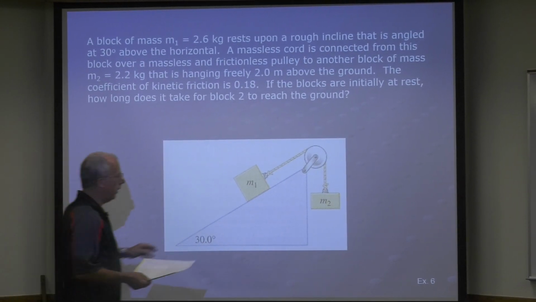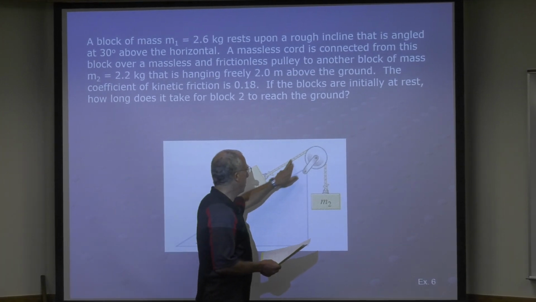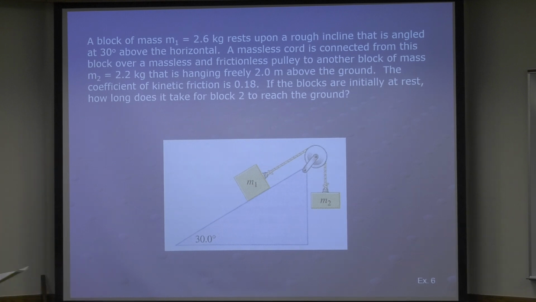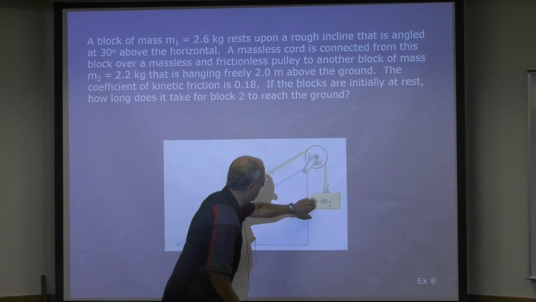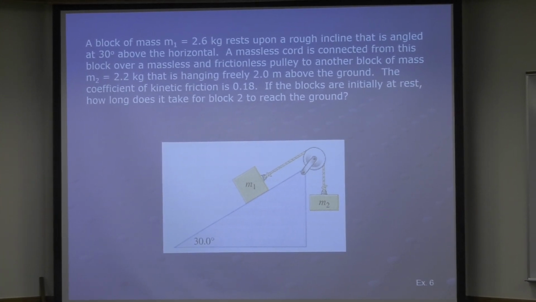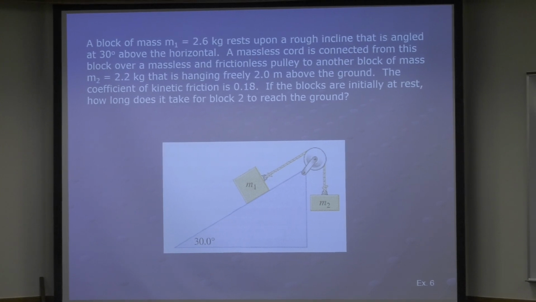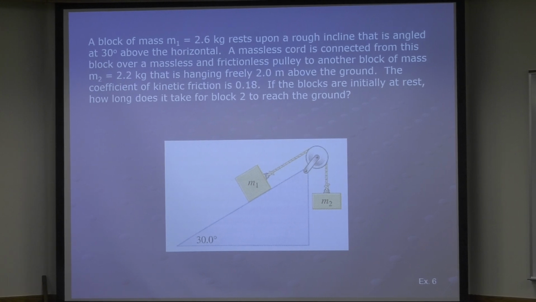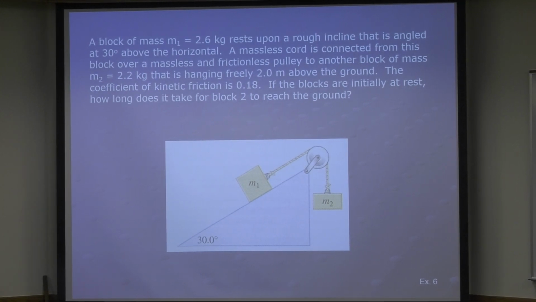Now that's awesome, right? Because it means that the magnitude of this tension equals the magnitude of that tension. All right, to another block of mass m2 equals 2.2 kilograms that is hanging freely 2 meters above the ground. The coefficient of kinetic friction is 0.18. If the blocks are initially at rest, how long does it take for block 2 to reach the ground?